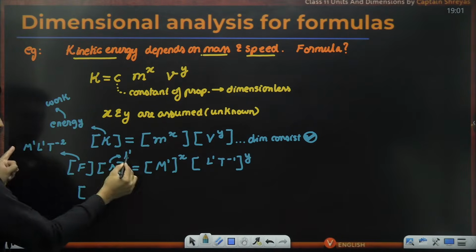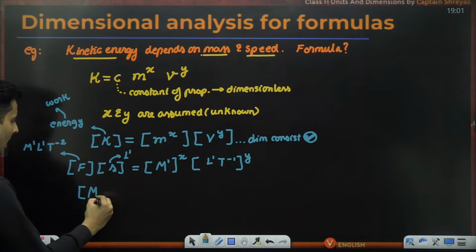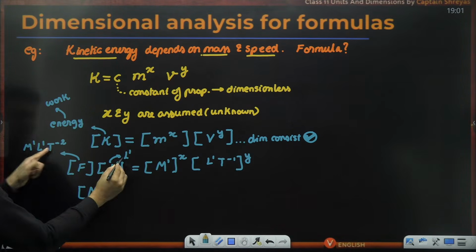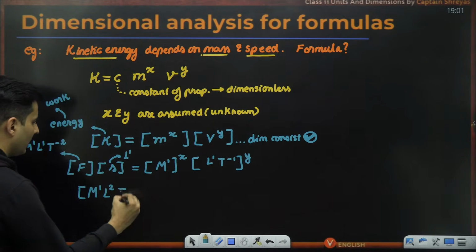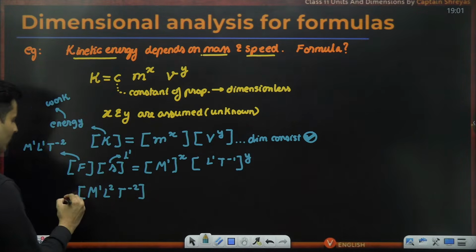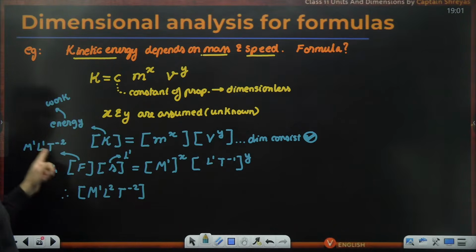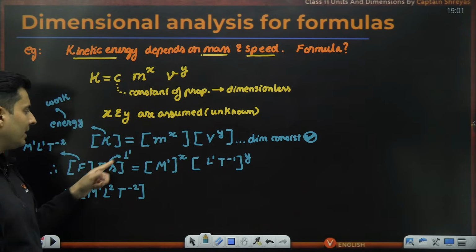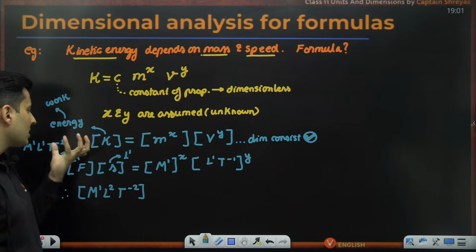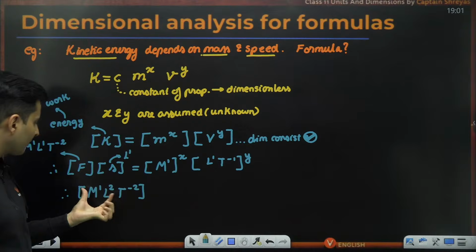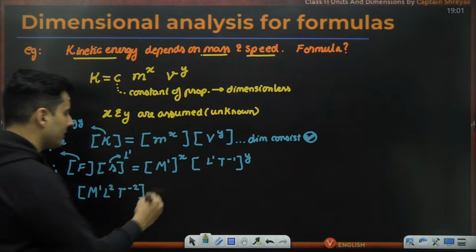So when you multiply both of them, it will become M^1 L^(1+1), which is 2, and T^-2. Force is mass into acceleration, displacement is length. So you get the dimension of work or energy or kinetic energy, which is the same thing, M^1 L^2 T^-2.